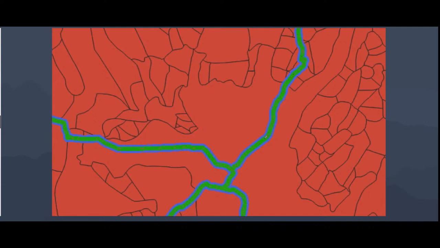So here the center dotted line which you can see, that is the road, and around the road this green color is the 0 to 100-meter range from the road, and this blue color is the 100 to 200-meter range. So the pixel value for green is 2, pixel value for blue is 1.